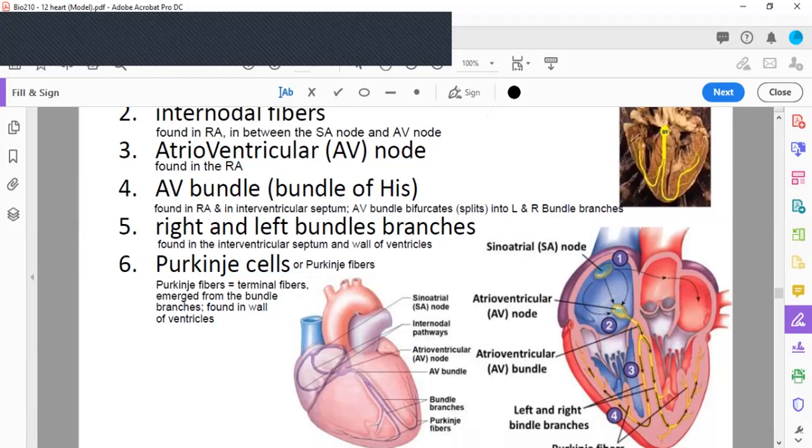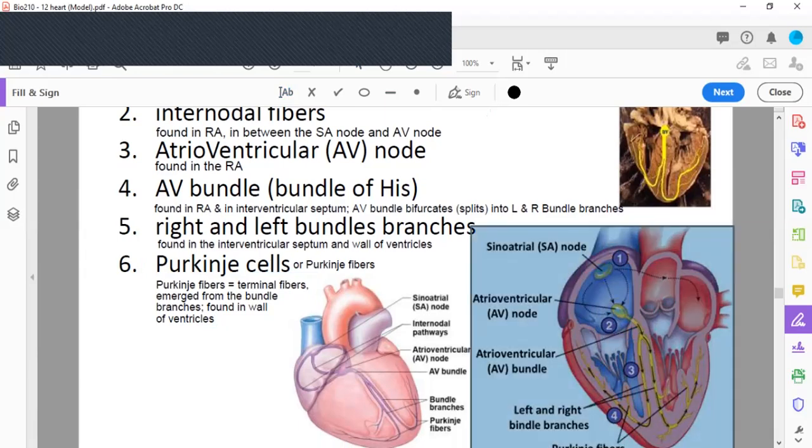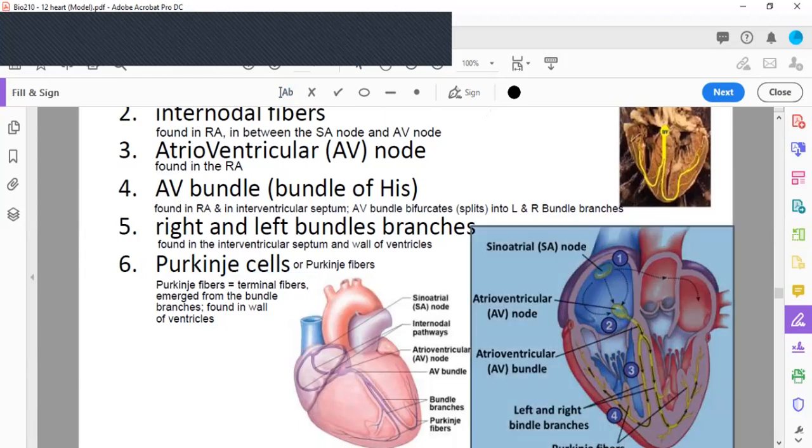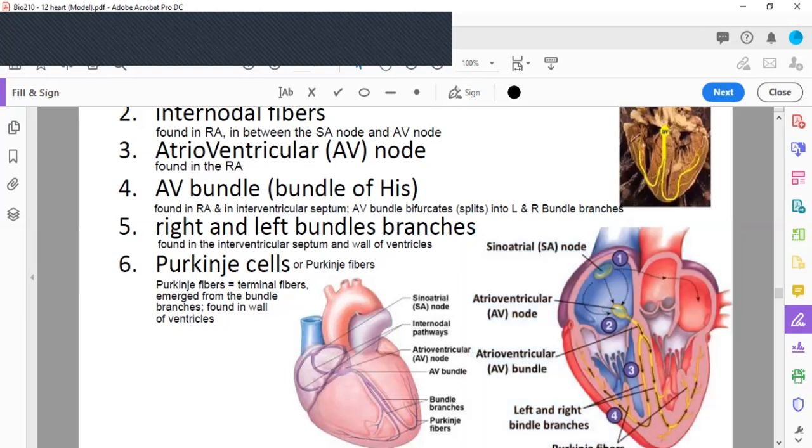So number one, SA node. Number two, internodal cells or fibers, internodal fibers actually. Number three is going to be known as AV node.